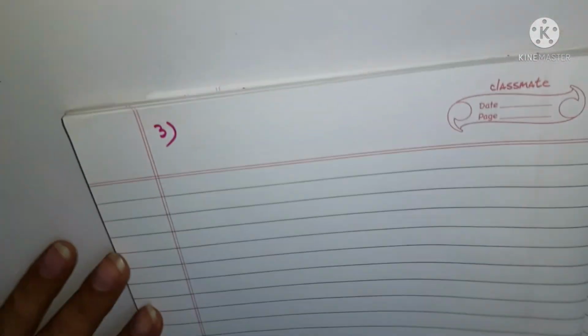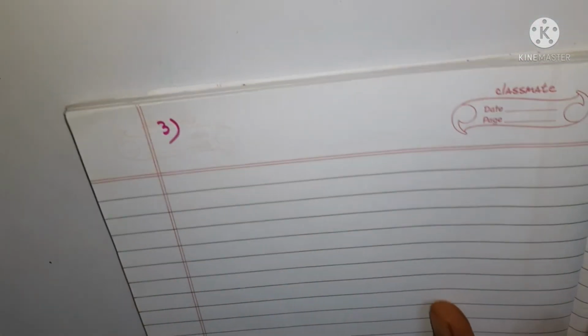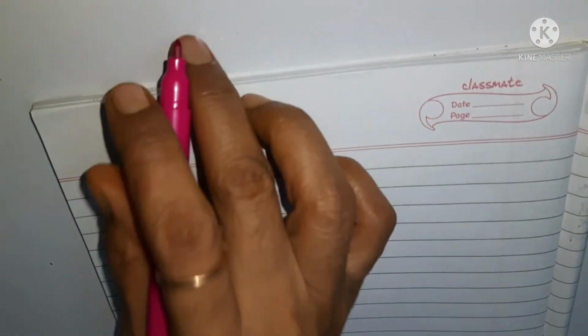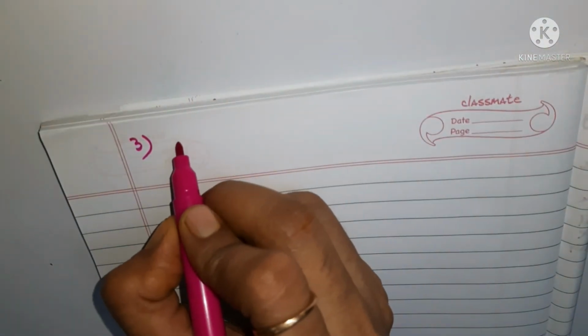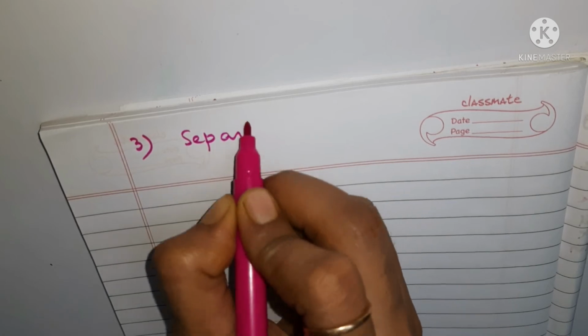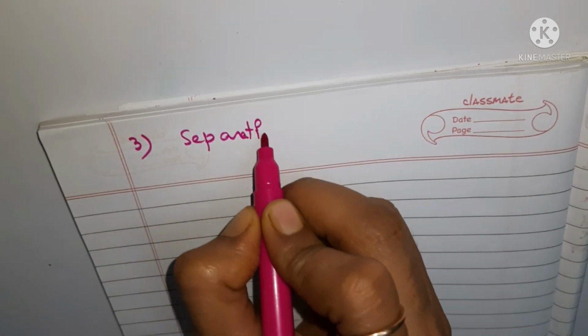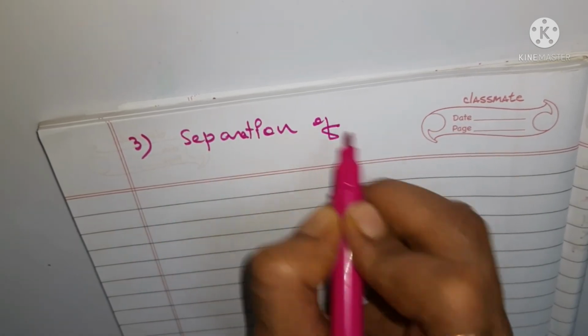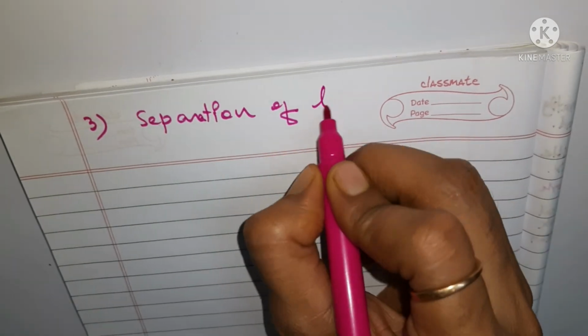Then the third point you can write is that it is used for the separation of liquefied air.